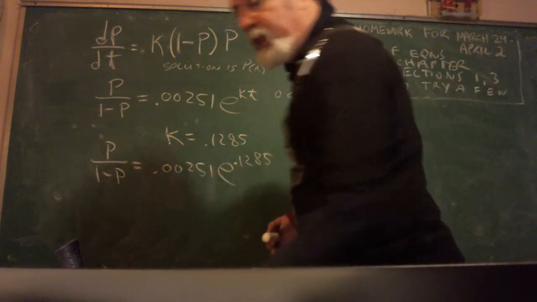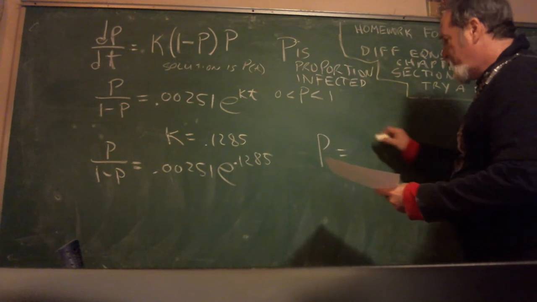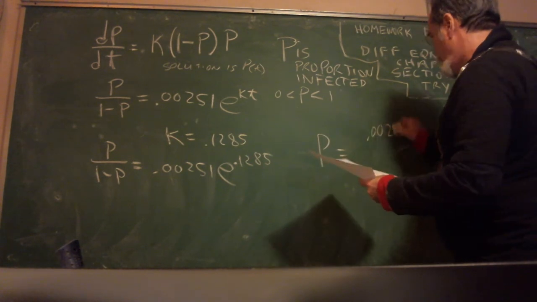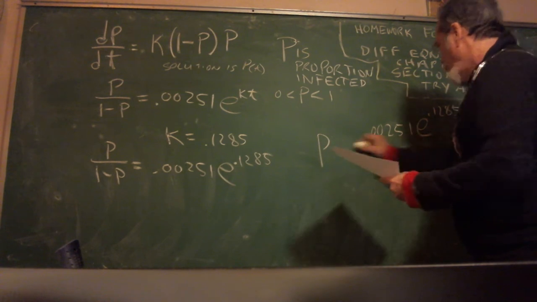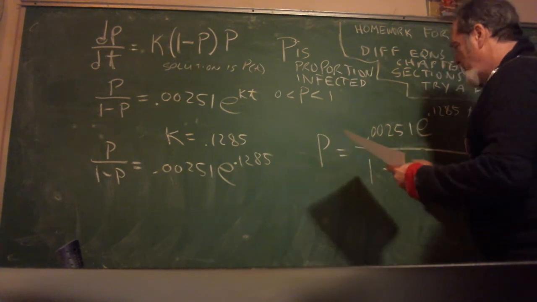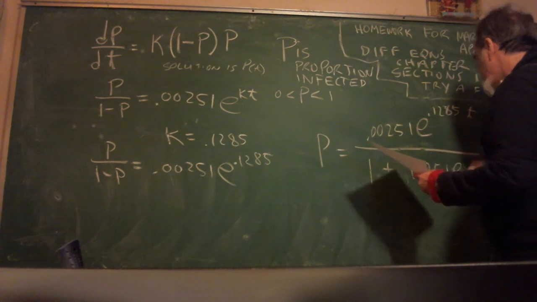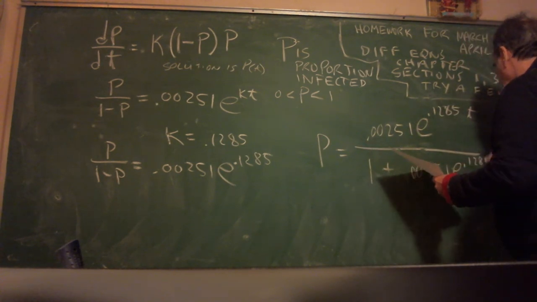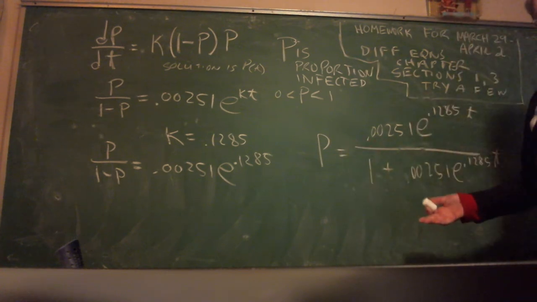I already did it. So I get p equals, this is the p of t, 0.00251 e to the 0.1285 t over 1 plus 0.00251 e to the 0.1285 t. So that's my p of t. That's my solution. I got a closed solution.